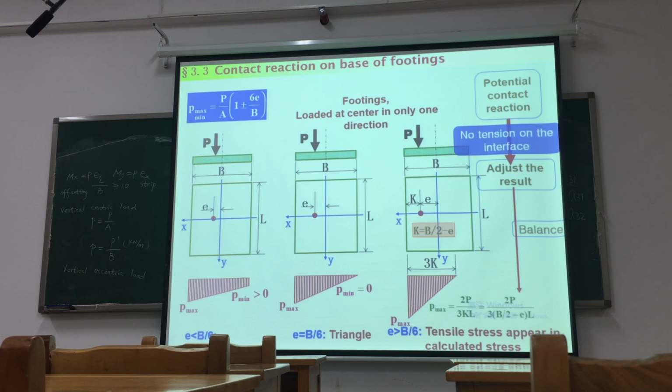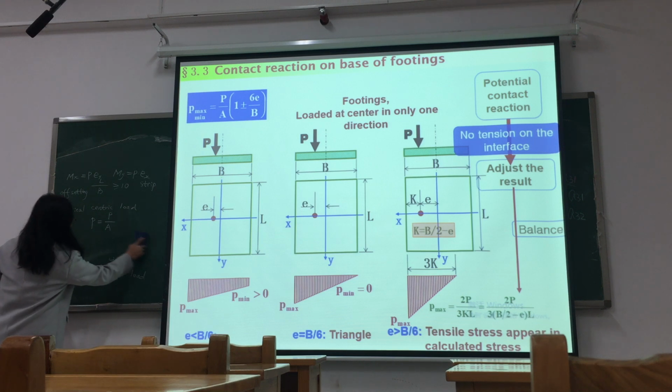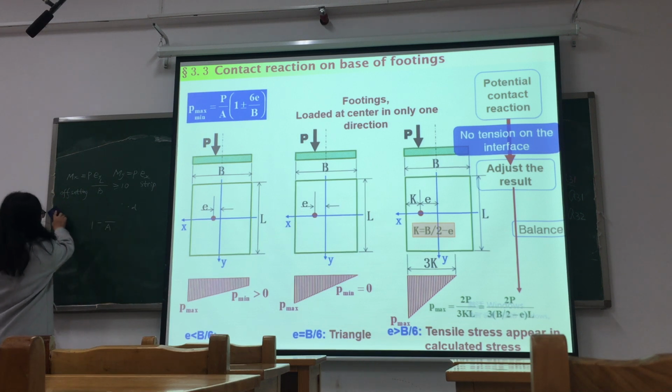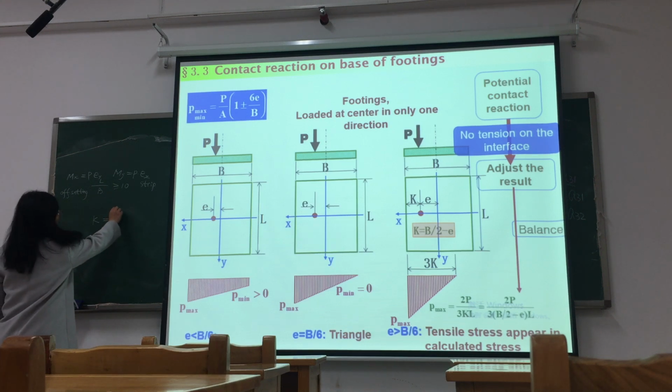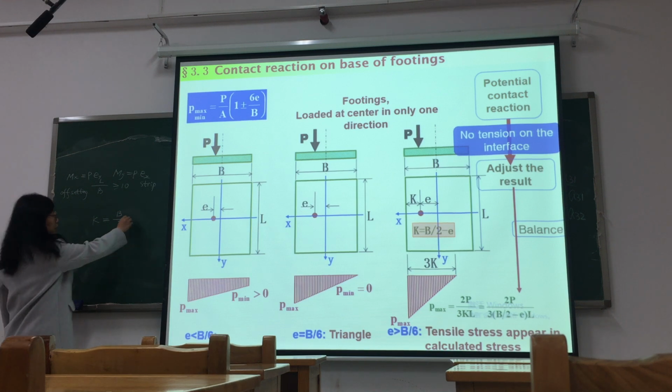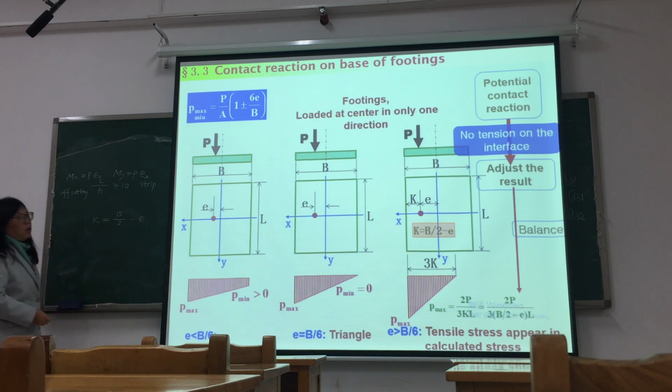Okay, here k equals b divided by 2, half of b, minus the offsetting.